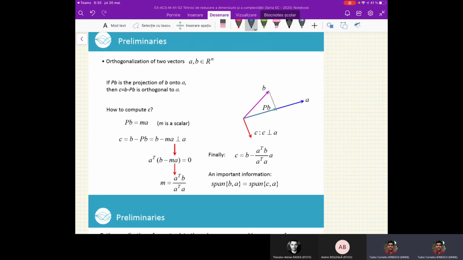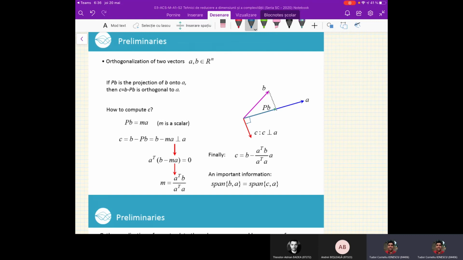CB minus PB, of course, a projection, is orthogonal to A. The difference, C minus PB, is actually orthogonal, look here, to A. A is the space where I project B onto.